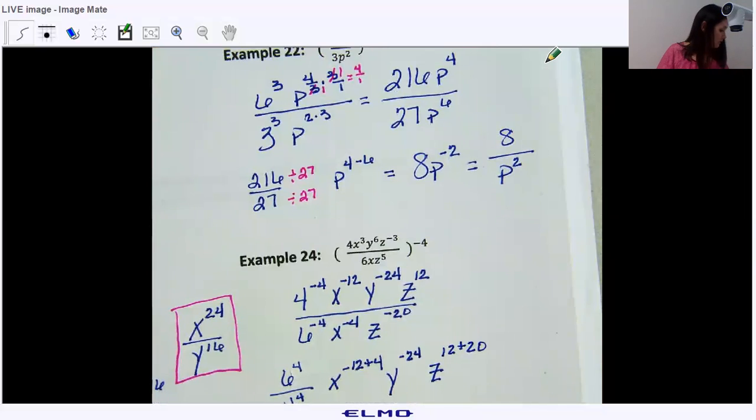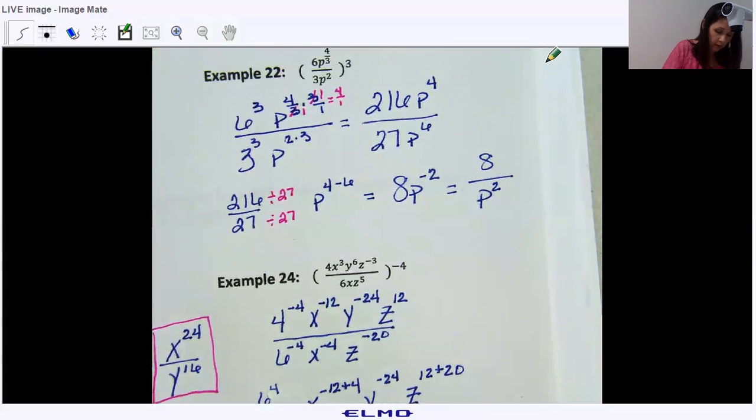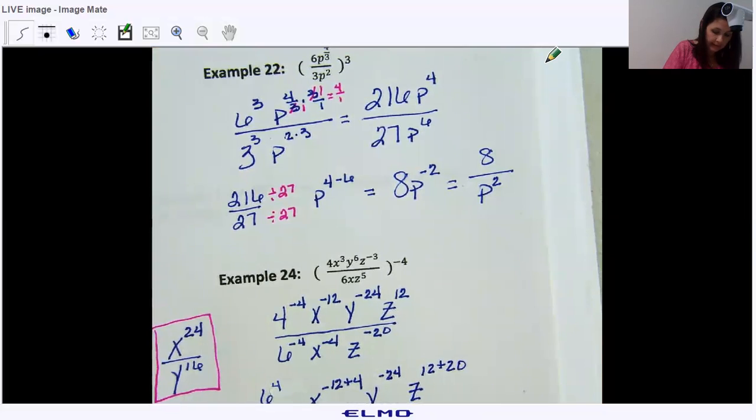Okay, so 6 to the power of 4 is a big number. It's 1296 over 4 to the power of 4 is 256. Then we have x to the power of -8, y to the power of -24, and z to the power of 32. Okay, so we need to simplify our coefficient and we need to move our negative exponents around.